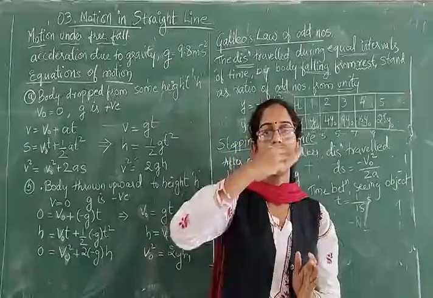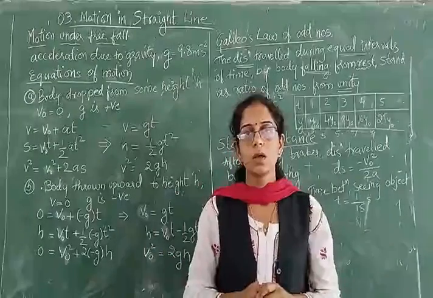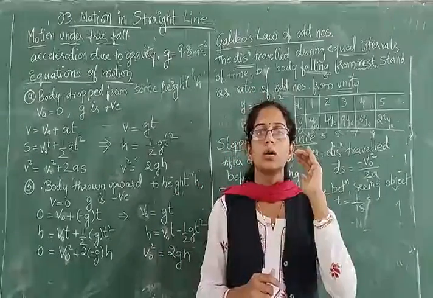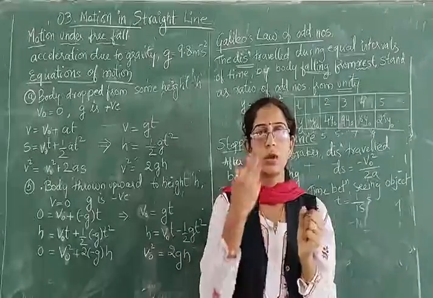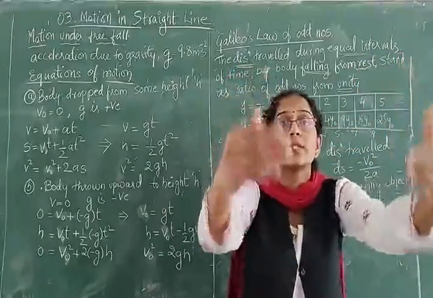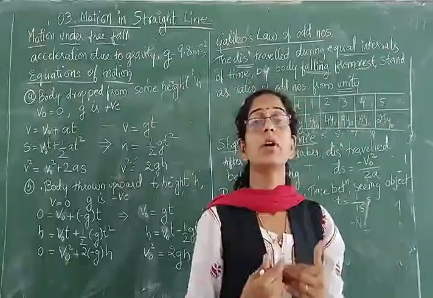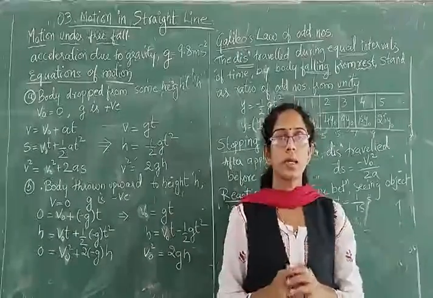So slowly the acceleration decreases and the object will come to rest. The distance travelled from when we apply the brake till the object stops is called the stopping distance.